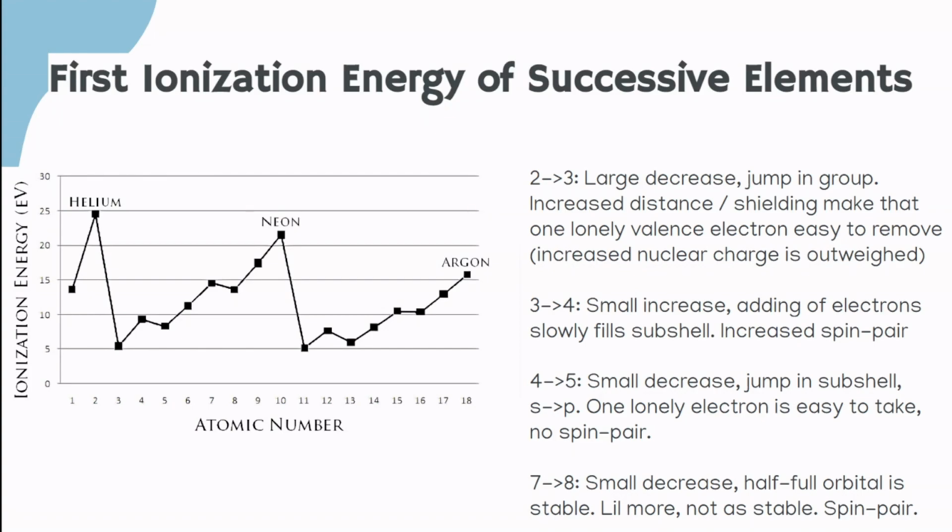Now what I mean by this is that extra electron we have on the outside there is in another shell. It's farther away from the nucleus. So even though our nuclear charge technically increased, this increased distance and shielding are going to outweigh that extra charge, because the addition of that extra shell is very significant when we talk about energy. I'll try to make a metaphor for this.